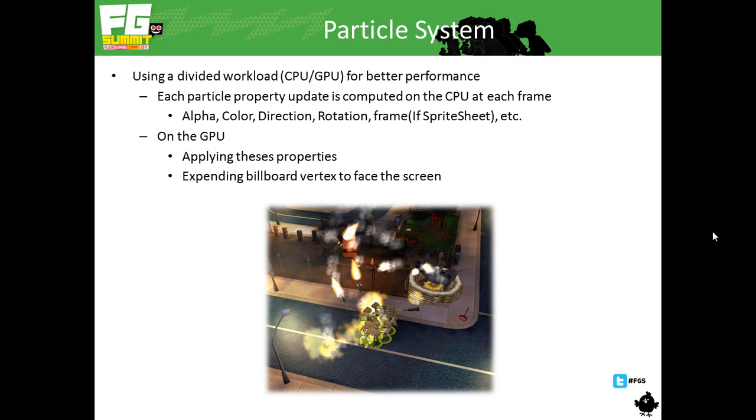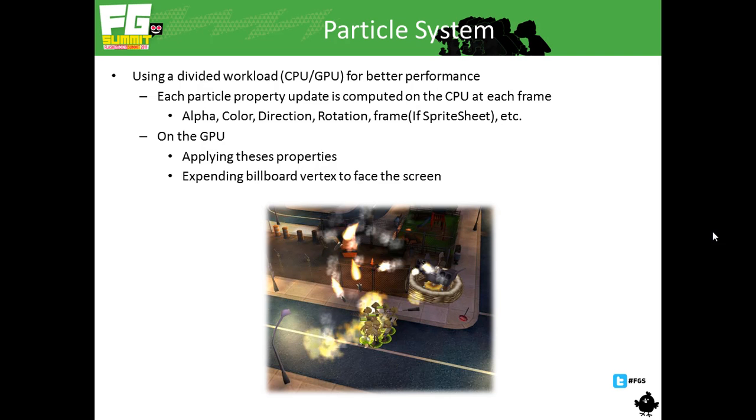On the CPU we update all the particle properties: alpha, color, direction, the frame if it's a sprite sheet. On the GPU we just apply all the main properties, and we also expand the vertex if it's a billboard.